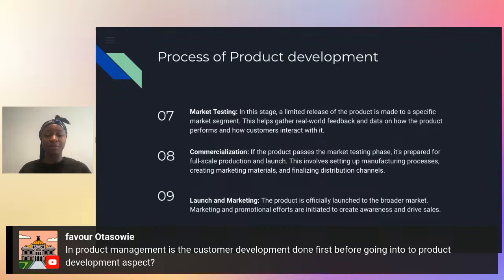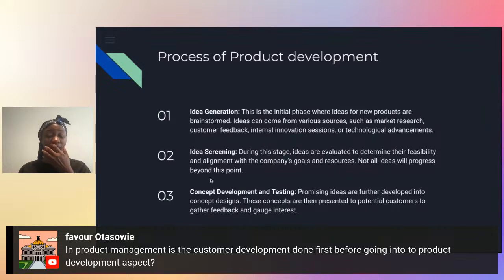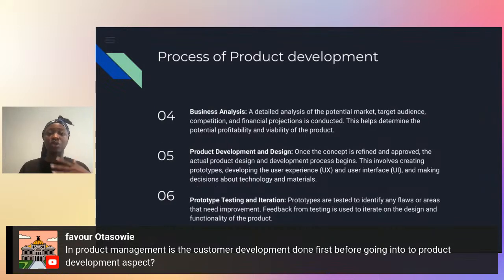So, just to go back to the slide, right before the testing part of your concept development, because you have developed the concept, you need to identify who your customers are and do customer development for them so that you would be able to reach the right people.